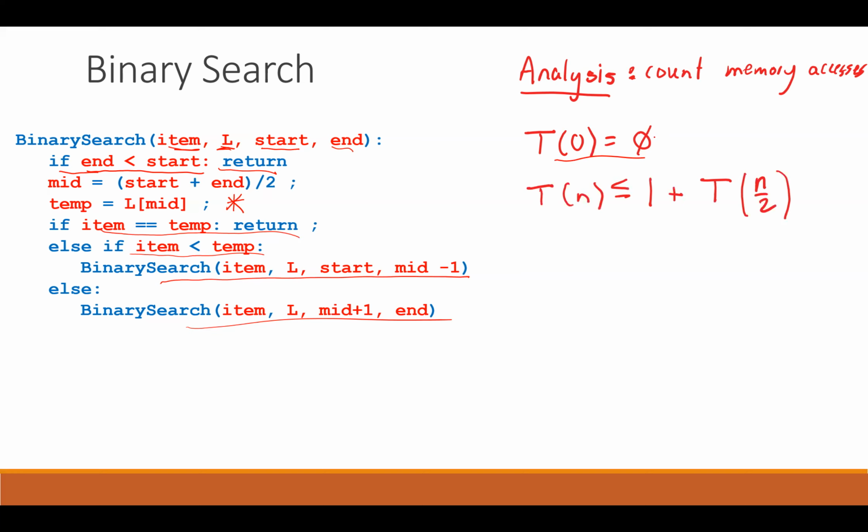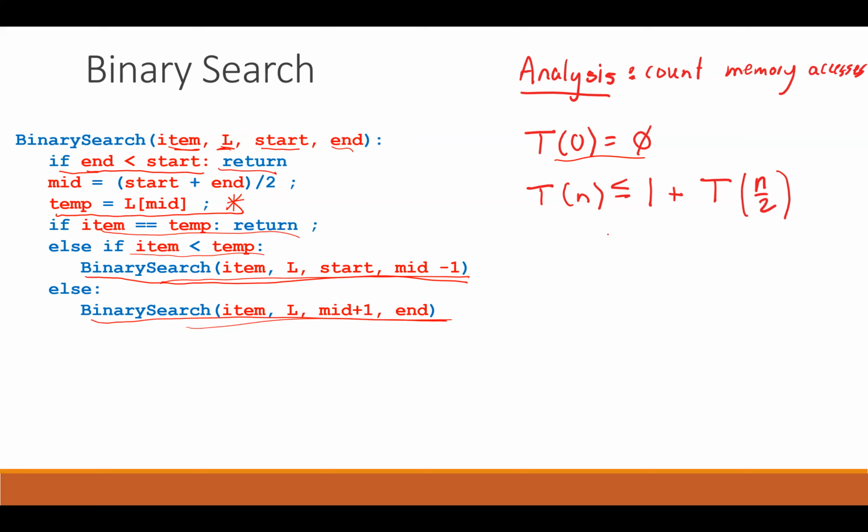Our recursive case, well, I make 1 memory access per call. So I put the 1 there. And then I make a recursive call, either this recursive call or that recursive call. And in the worst case, it's on half the list. But generally speaking, it's even harder to guarantee that with binary search. So that's why we're using the inequality.